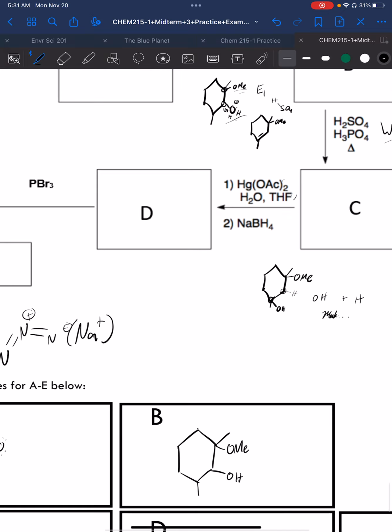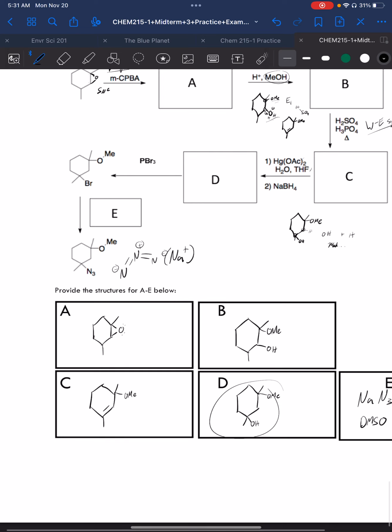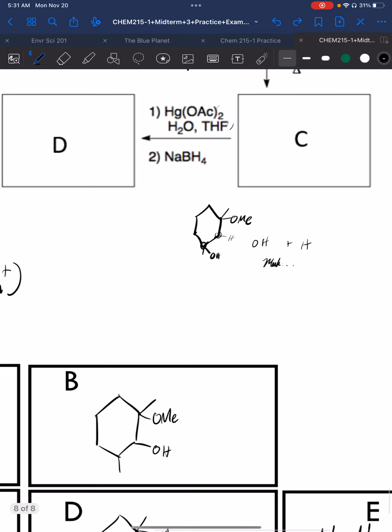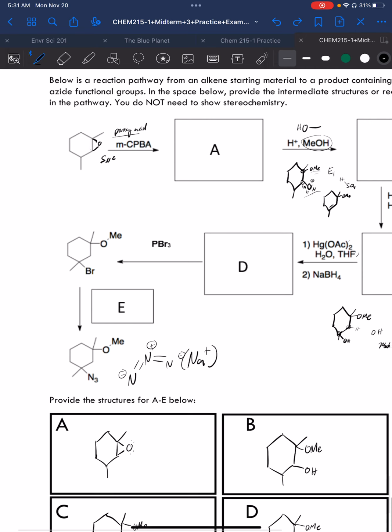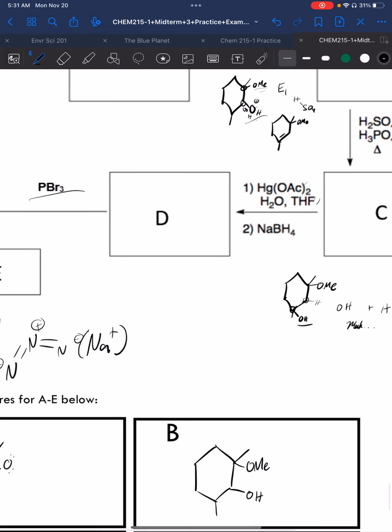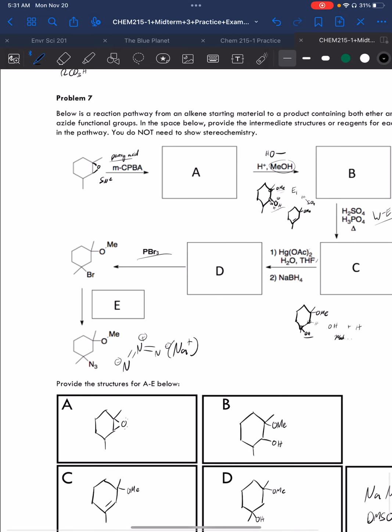So that leads us to this answer right here. If we look, and if this makes sense here, because we add PBr3, it is going to add a bromine to the OH where it once was. I don't know what the name is, but it makes sense that that happens.